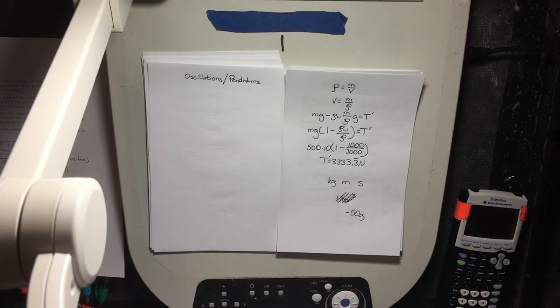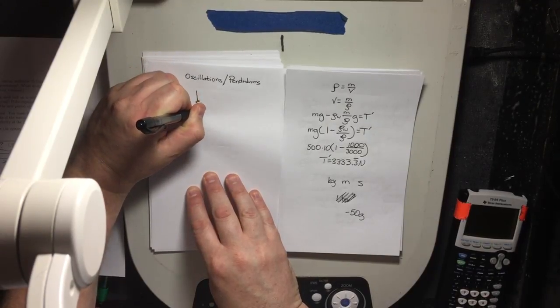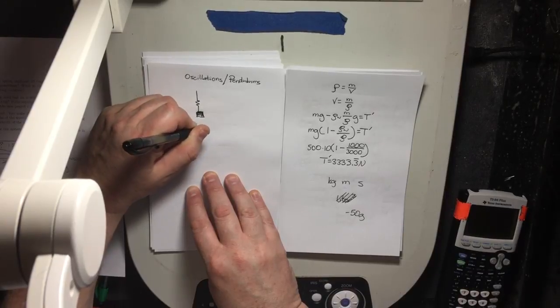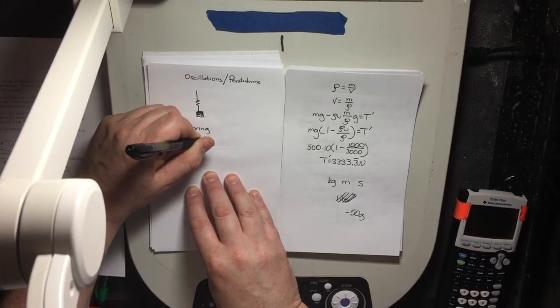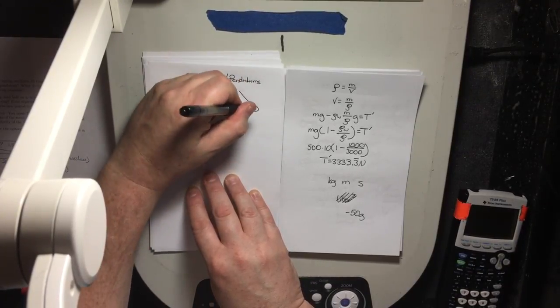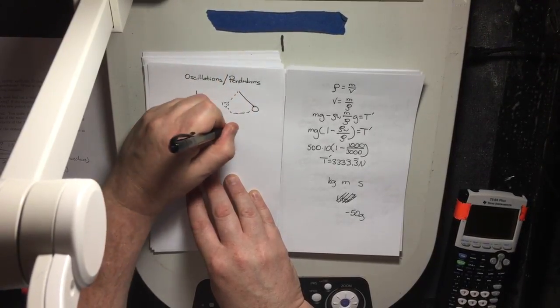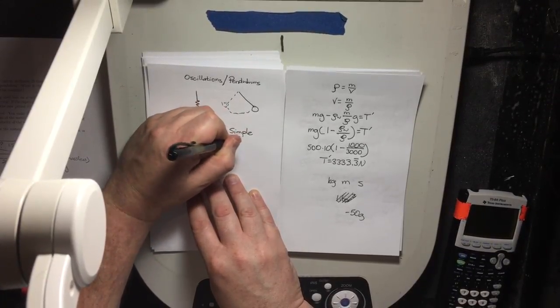Oscillations and pendulums. There are two types of pendulums that we're going to deal with. One is a spring pendulum, and the other one is a simple pendulum.